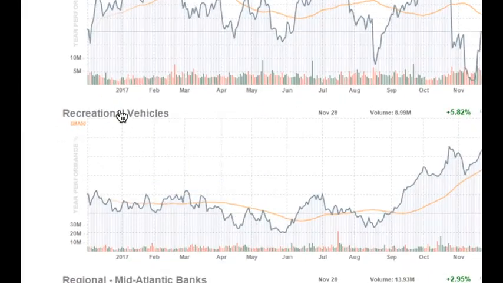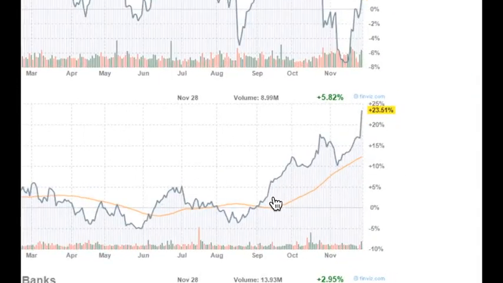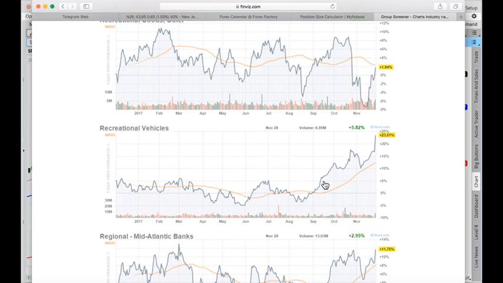So you can see recreational vehicles is also on a very clear uptrend. It was on a downtrend over here. So I wouldn't have gone long on PII over here, but I'll definitely go long over here. All right. So that's how you check the sector and the industry trend and the market trend. And that's how you determine the high momentum of a stock.